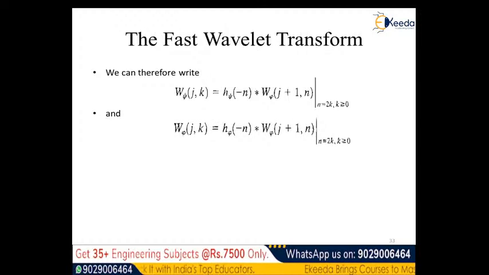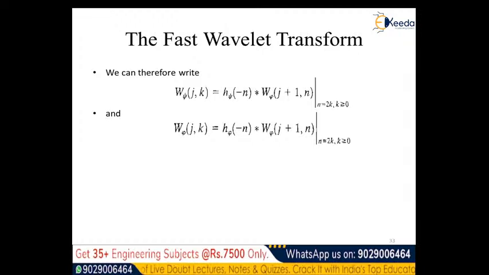Along with we have another relation, that is again with the help of the convolution operation, where we have W_φ(j,k) equal to h_φ(minus n) convolved with W_φ(j plus 1, n) here, provided n is equal to twice k and k is always greater than or equal to 0 here.